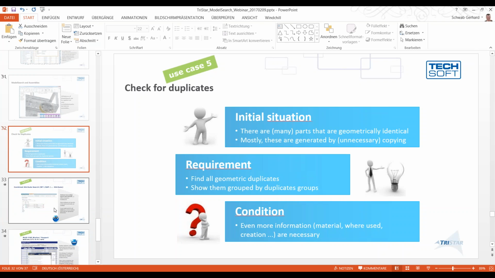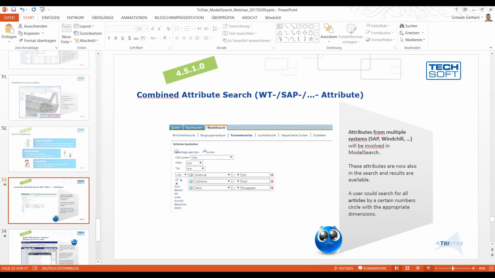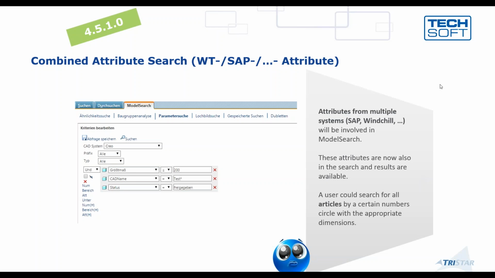I want to show a slide maybe where there is a better explanation. I have to check that you can see that. Yeah, that's fine. So the question was, is it possible that within Modelsearch we can even do searches that are independent of Creo Parametric or of the geometrical footprint information of Modelsearch?